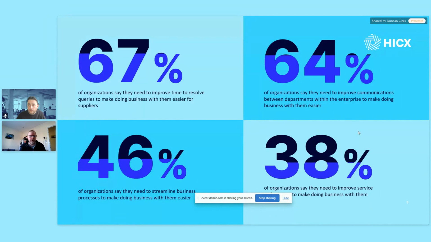If we look at the survey results, 67% of organizations say they need to improve the time it takes to resolve queries for their suppliers. 64% said they need to improve communications. 46% said they need to streamline business processes, and 38% said they need to improve the service and make it easier to do business with them.